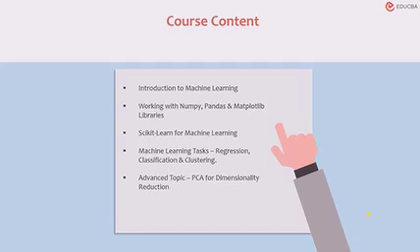In this section on scikit-learn, we are going to learn about various pre-processing methods that will help us in analyzing the data, and also various machine learning models in scikit-learn which we can directly apply to our dataset. Using those models, we'll be performing various machine learning tasks, that is regression, classification, and clustering.